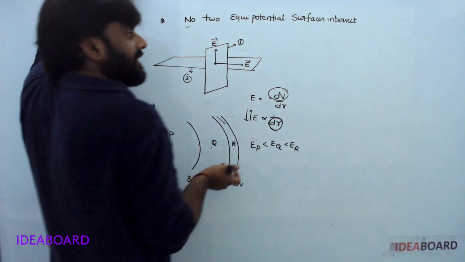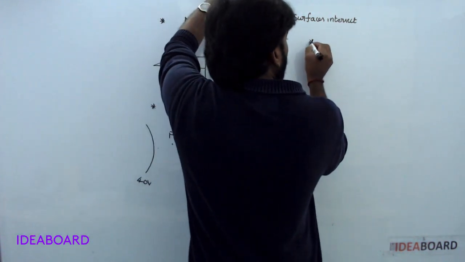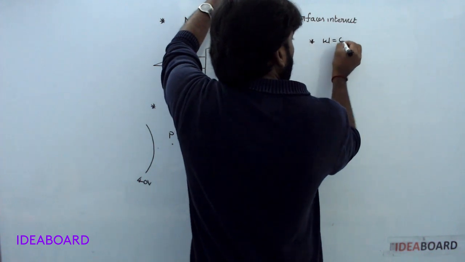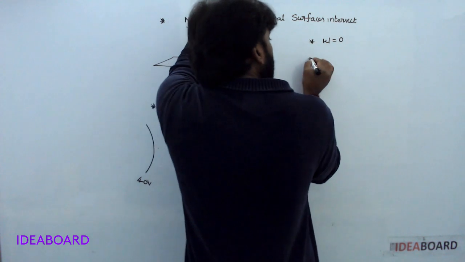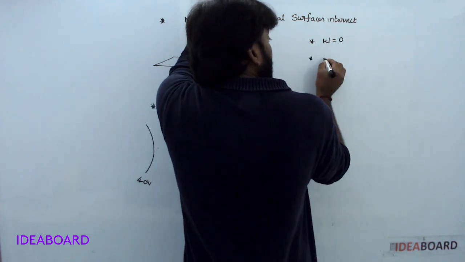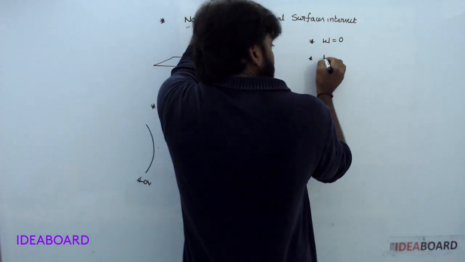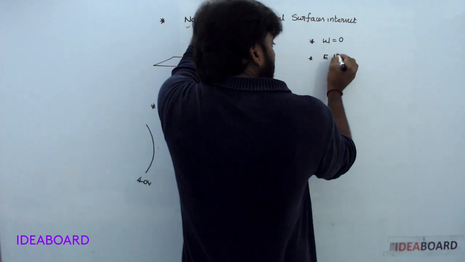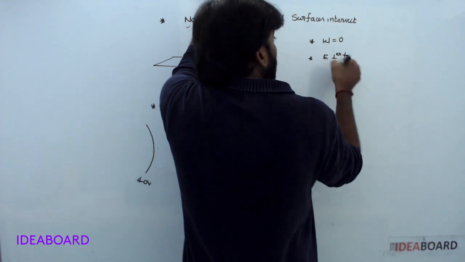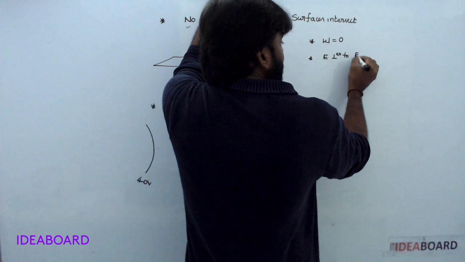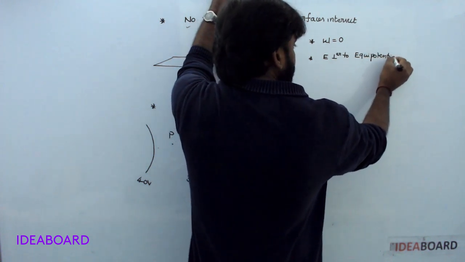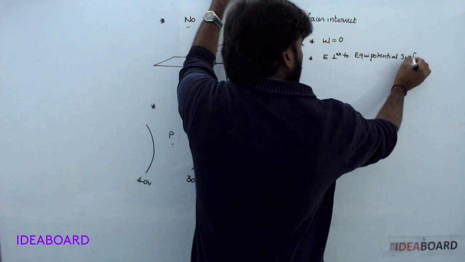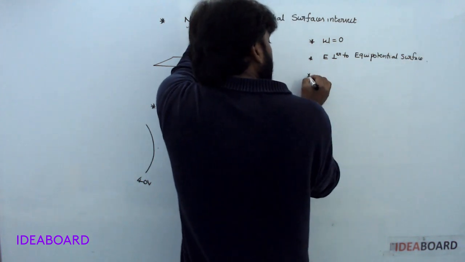Main points. First of all, the work done to move a charge on an equipotential surface is 0. Second, the electric field is always normal, or perpendicular, to the equipotential surface. Understood?